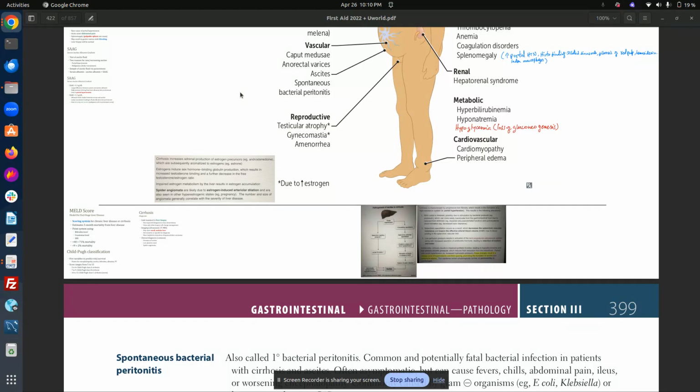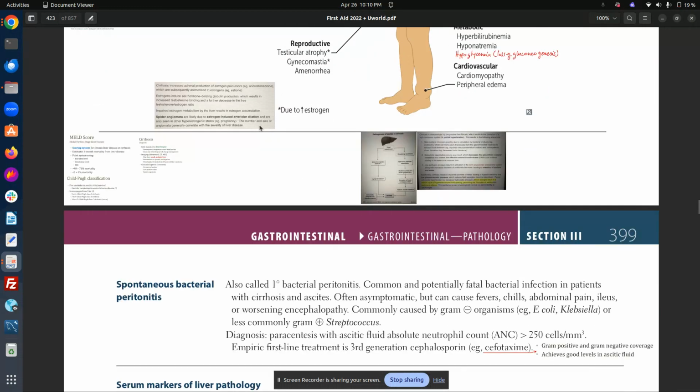Okay, in simple words, what is the most common cause of SBP? The most common cause of SBP is E. coli. There are other organisms which are also responsible for SBP, but the most common is E. coli. The other organisms are Klebsiella, Staph aureus, Strep pneumo.